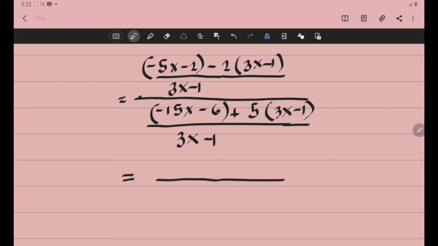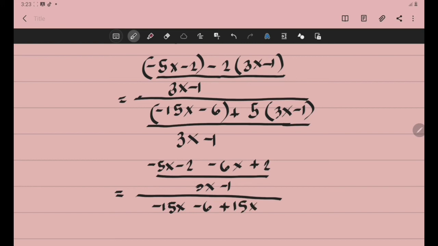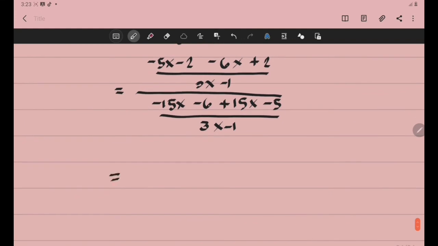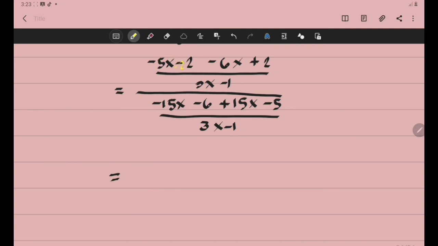So, simplify muna natin siya. We will have negative 5x minus 2 minus 6x plus 2 all over 3x minus 1. Sa denominator naman, we will have negative 15x minus 6 plus 15x minus 5 all over 3x minus 1. And then, simplify ulit natin. Okay, so we have si negative 5x minus 6x will now become negative 11x.